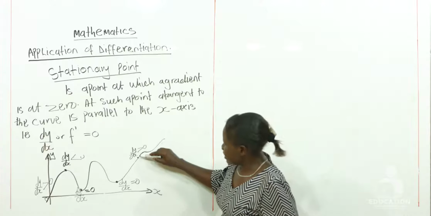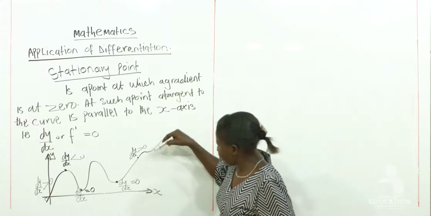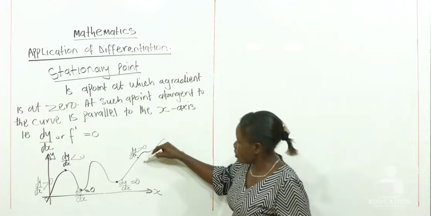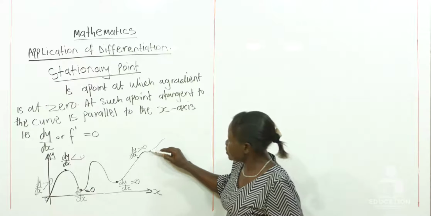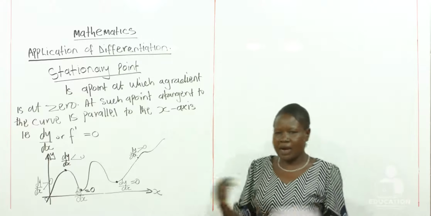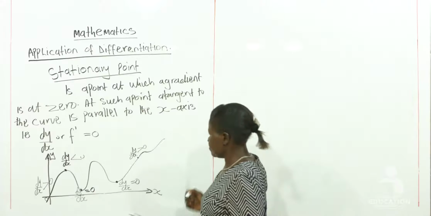And then somewhere here, you find that the curve is no longer coming steeply down, or it is no longer going up at a steep level. So at this point, we say the curve is just balanced. So that is what we call a point of inflection.